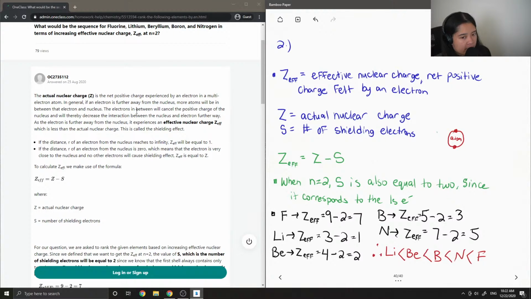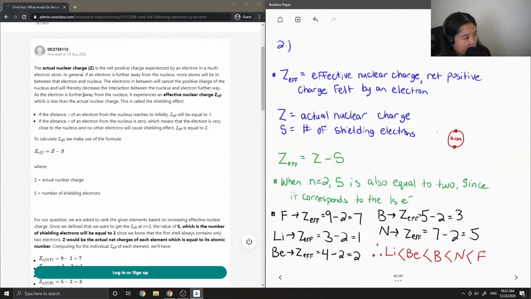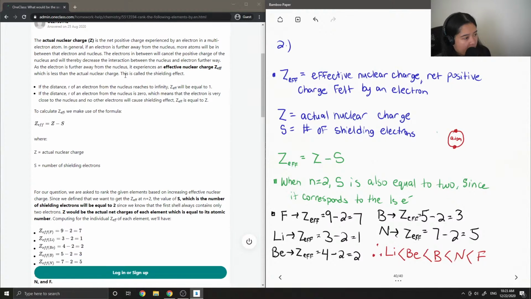The electrons in between will cancel the positive charge of the nucleus and will thereby decrease the interaction between the nucleus and the electron further away. As the electron is further away from the nucleus, it experiences an effective nuclear charge, which is less than the actual nuclear charge. This is called the shielding effect.